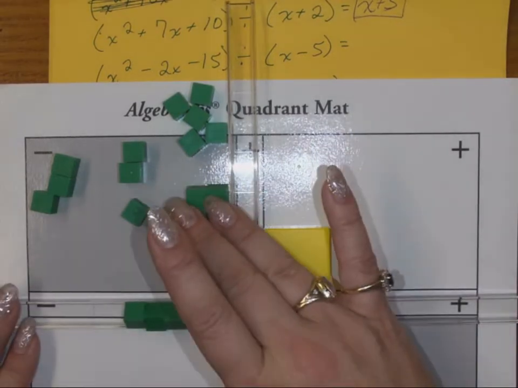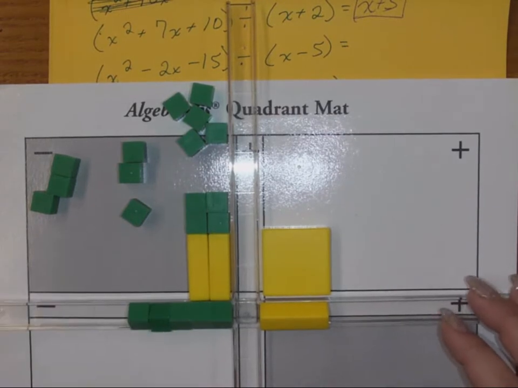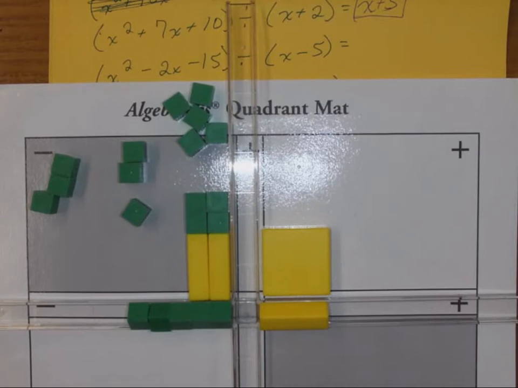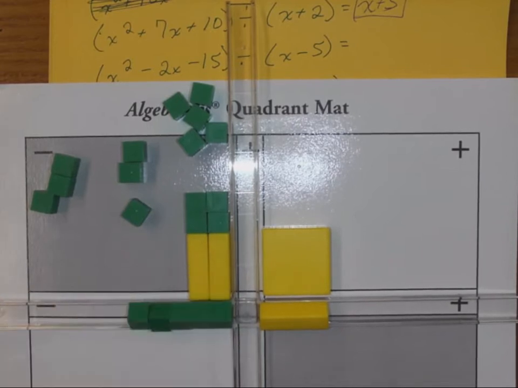Now, whenever I start seeing that, I'm going, oh, there's a problem here. My problem is that things don't really seem to be lining up for me. I've got extra units here, right? And they're not lining up with that. I also see that we're having a little bit of an issue.